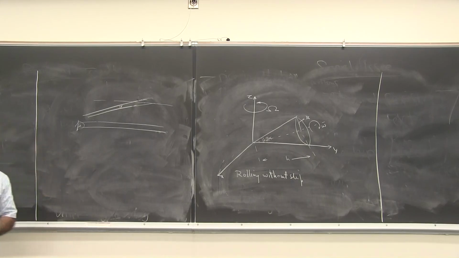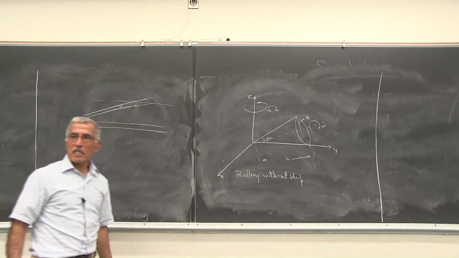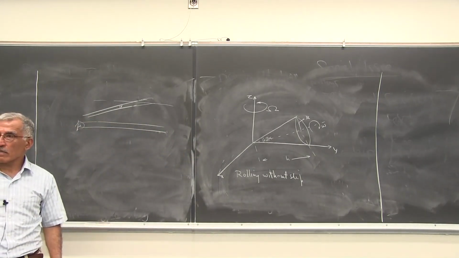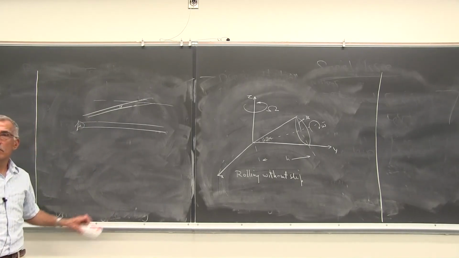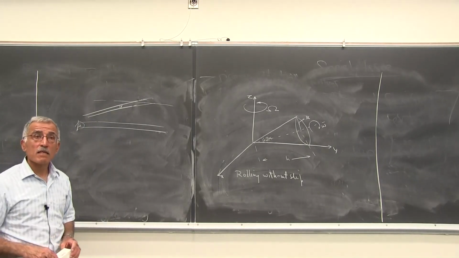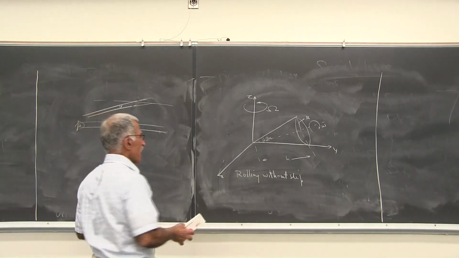How about this one? Rolling without slip. Where is the instantaneous axis of rotation? Somebody? What's that? Y-axis. Y-axis. Why y-axis?